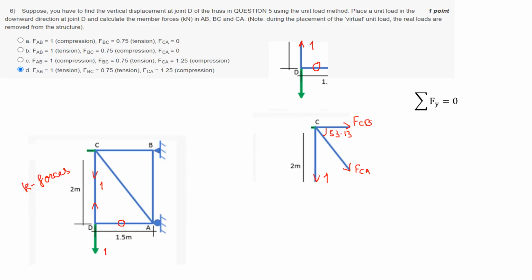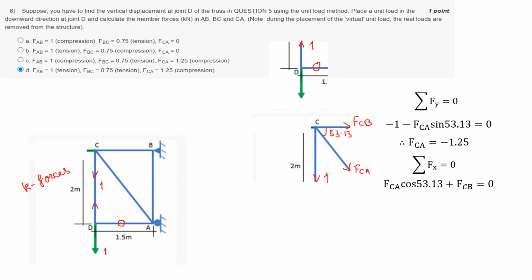So apply summation Fy = 0. From this we will get -1 minus FCA sin 53.13, so you will get FCA = minus 1.25. Now apply summation Fx = 0. So now we have minus FCA cos 53.13 plus FCB, and FCA is minus, so we have minus 1.25 into cos 53.13 goes to the right and becomes plus.